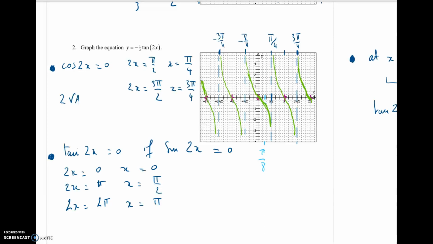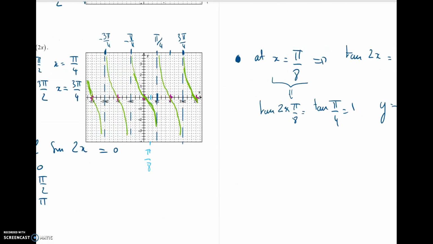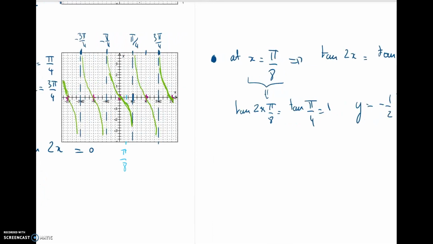Once we have the zeros, we decide to take a value of x. By the way, if you look at your graph, I decided to change a little bit the scale because it was too tight. So please follow the scale that I just represented right here. And I decided to take x equal pi over 8, which is the half between 0 and pi over 4, right here.